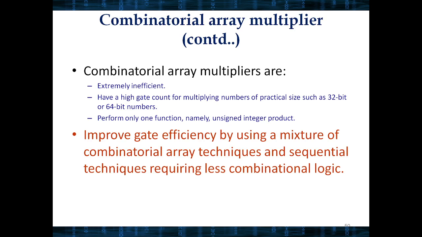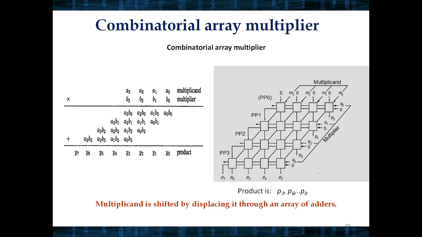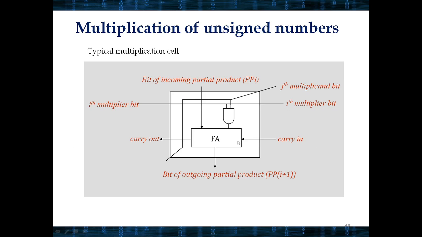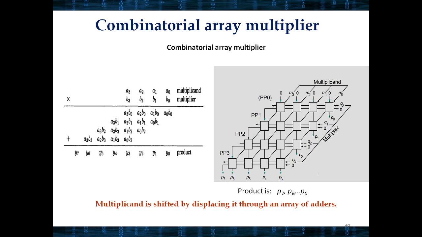So here, in this particular method, as I said, the multiplication cell has one full adder and one AND gate. So at minimum it will introduce 2 gate delays. For each cell it will introduce 2 gate delays when it performs a multiplication operation.